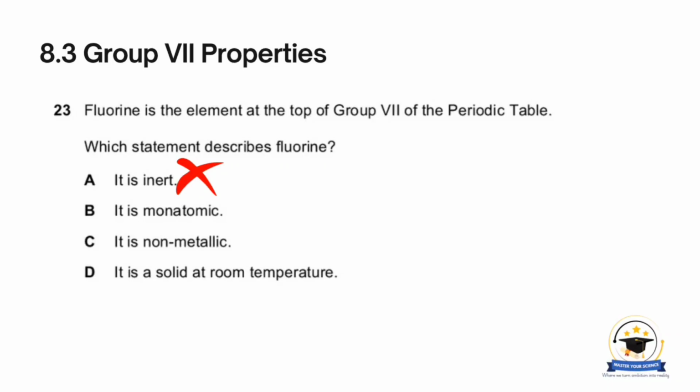Second statement says it is monatomic. That's incorrect. It's diatomic. Third statement says it is non-metallic. So that's correct. It's a non-metal. Then D says it is a solid at room temperature. So that is incorrect. Fluorine is a gas at room temperature. So the correct answer here is C.